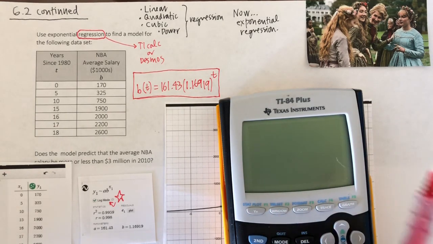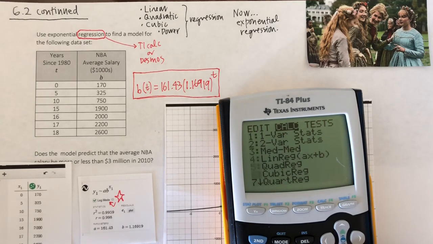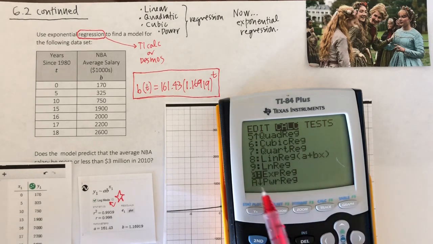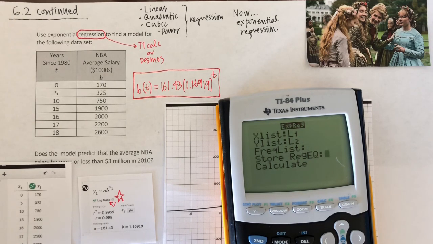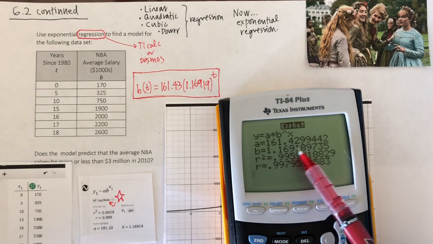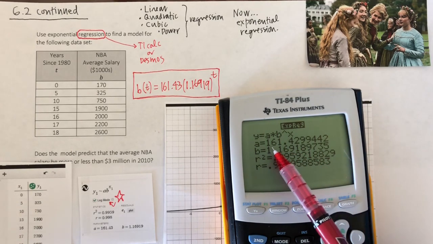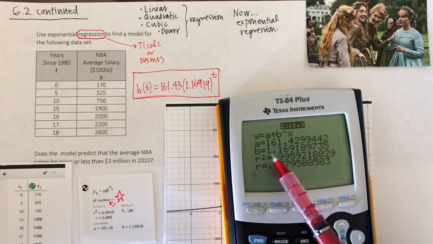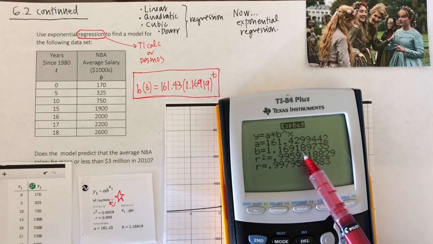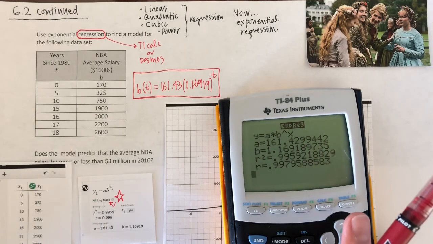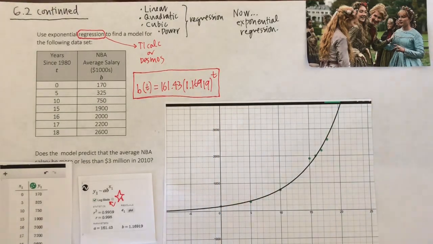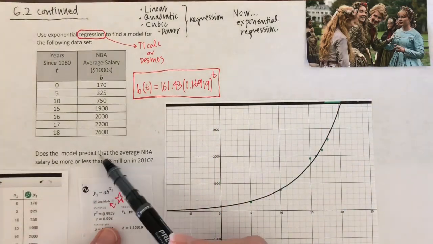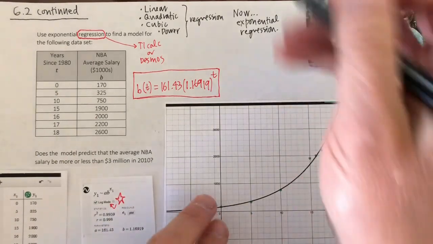We'll quit that and get back to stat calc. And then we look for exponential regression, which is right here, number 0. And it gives us the same numbers. A is 161.43 rounded, and our change factor is 1.16919 rounded. And then the last question to answer is, what does the model predict in 2010?